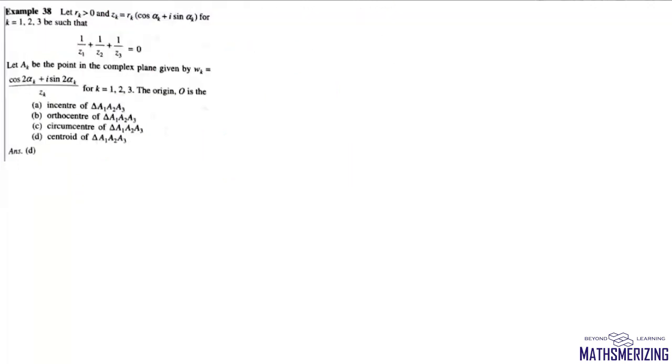Now here the question is, let Rk be greater than 0 and Zk equals Rk into e to the power iota alpha k for k equals 1, 2 and 3, such that 1 upon Z1 plus 1 upon Z2 plus 1 upon Z3 is 0.